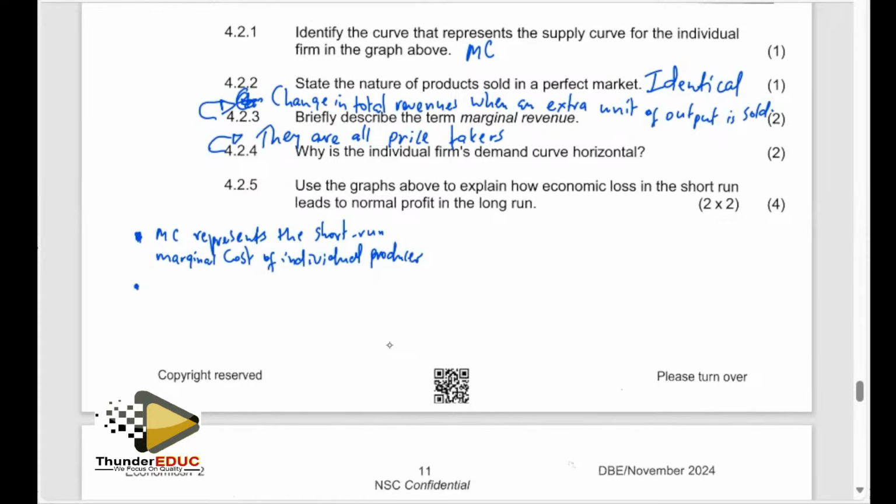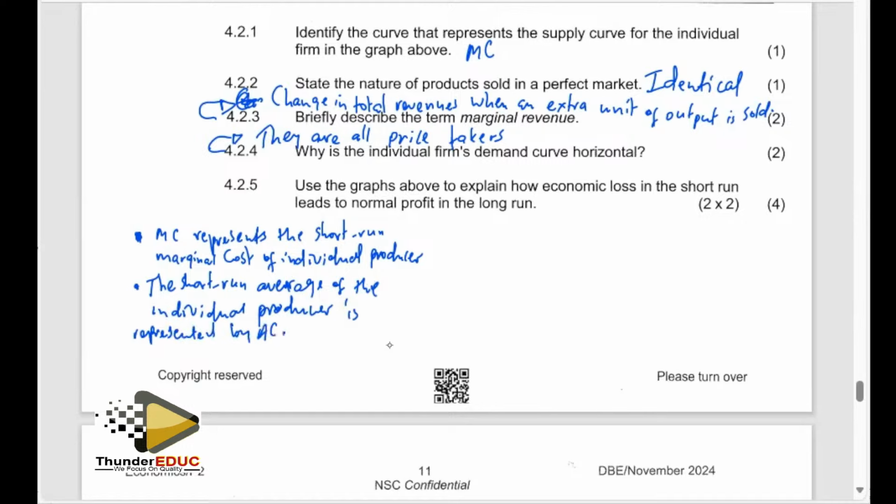Also, we are saying that the short run average cost of the individual producer is represented by AC.